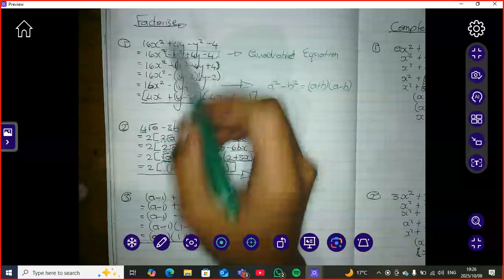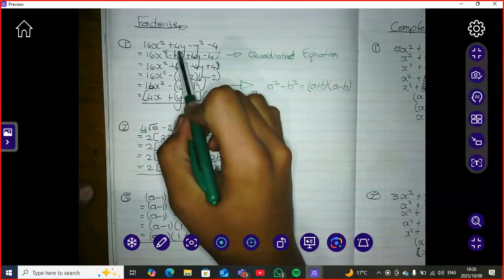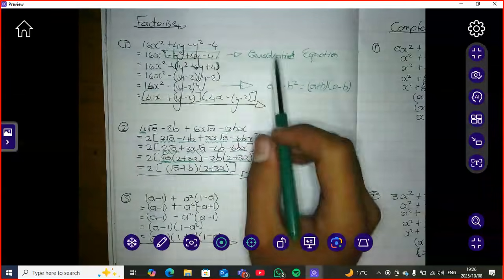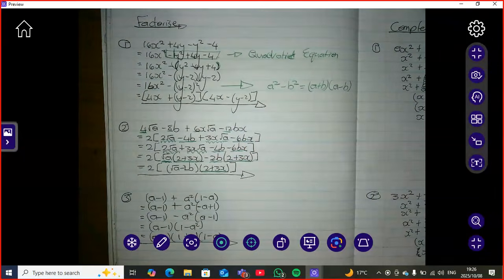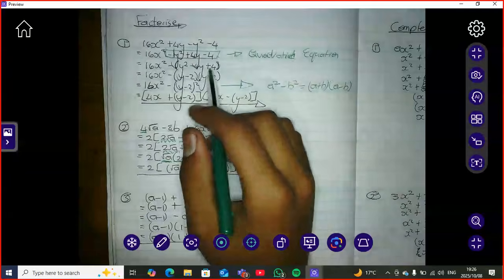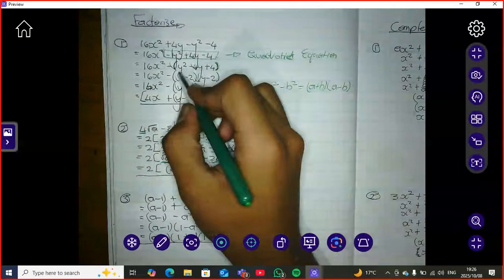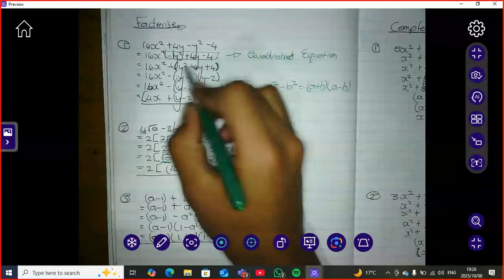Because I have a y squared and a positive 4y and a constant, I can make a quadratic equation. I can make my standard formula, and then when I put it in brackets, notice how the sign changes, because I want to factorize this.